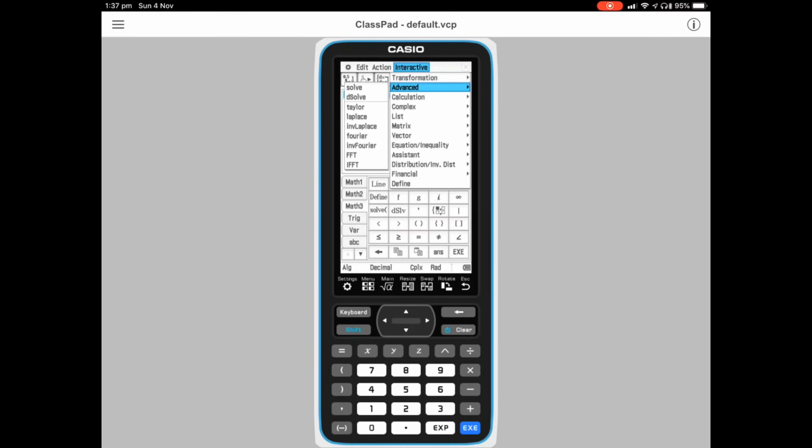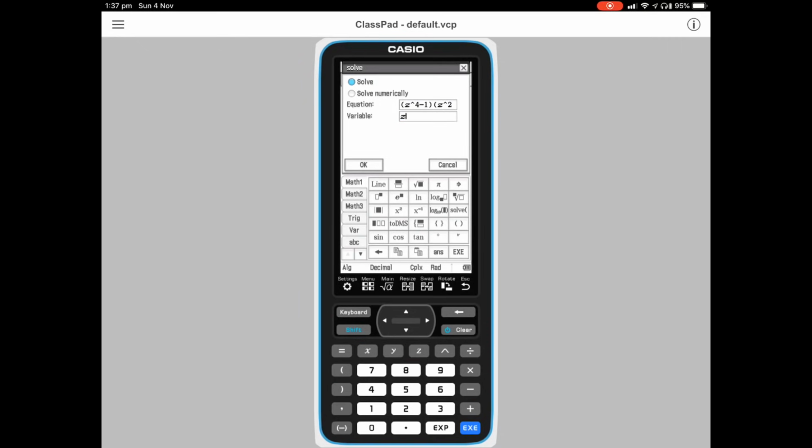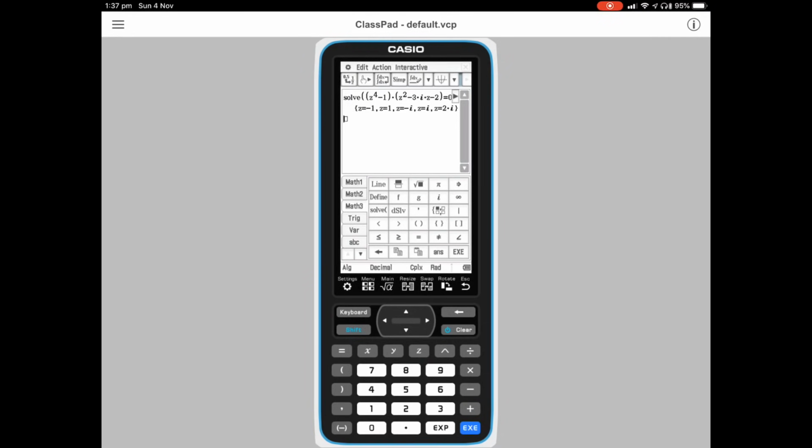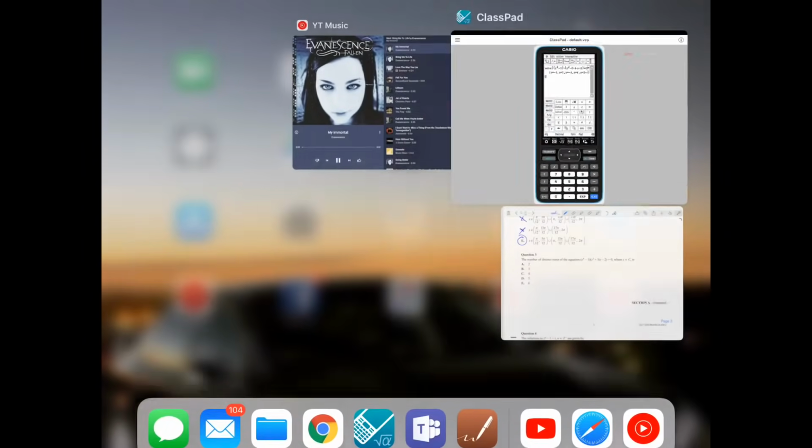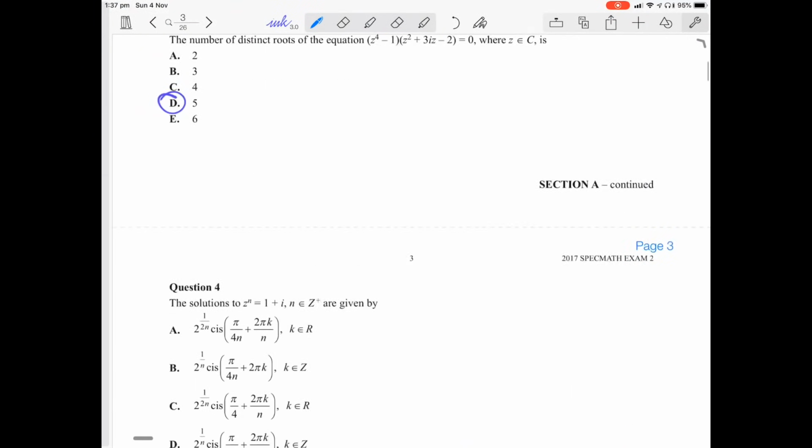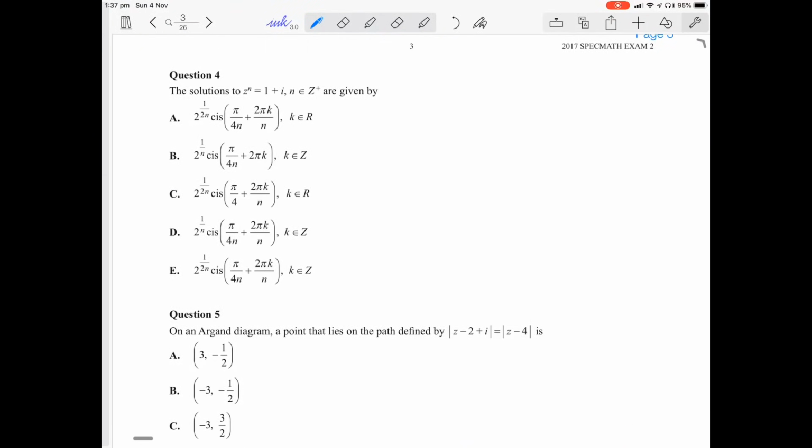So let's solve, interactive, advance, solve for z. 1, 2, 3, 4, 5. So there's 5 solutions in the complex plane.